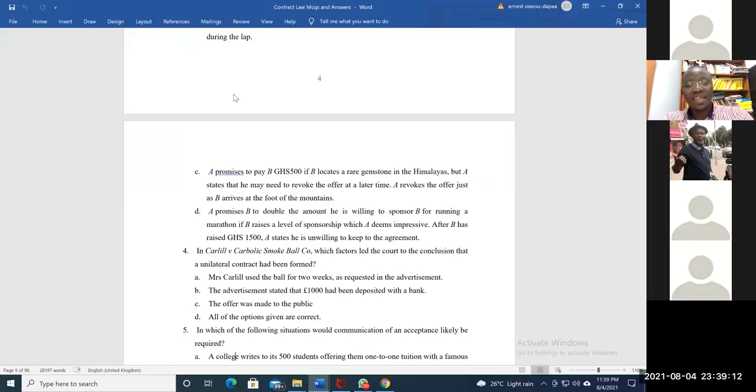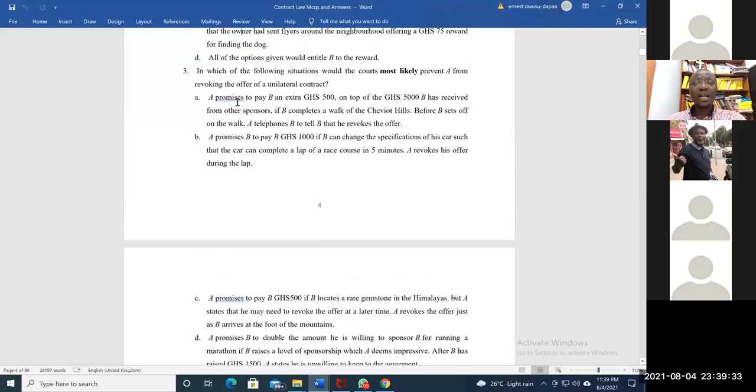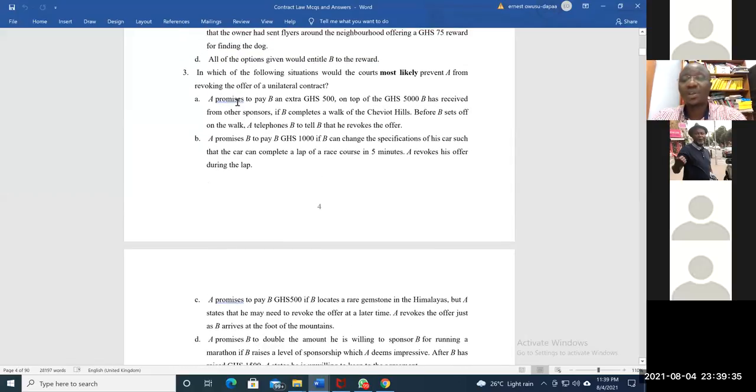D: A promises B to double the amount he's willing to sponsor B for running a marathon if B raises a level of sponsorship which A deems impressive. After B has raised 1,500, A states he is unwilling to keep to the agreement. So the question is asking us to pick which of the 4 options the court would most likely prevent A from revoking the offer of a unilateral contract.